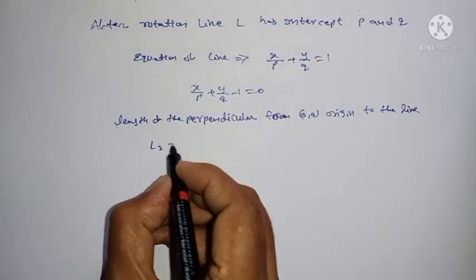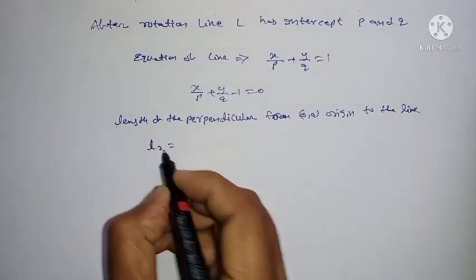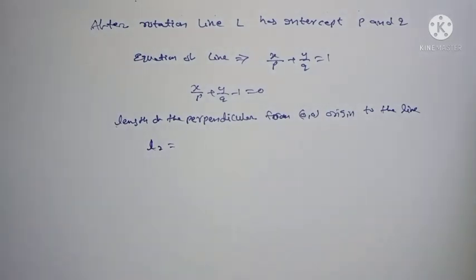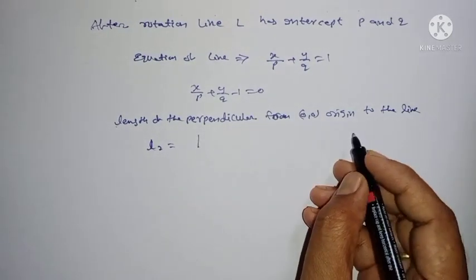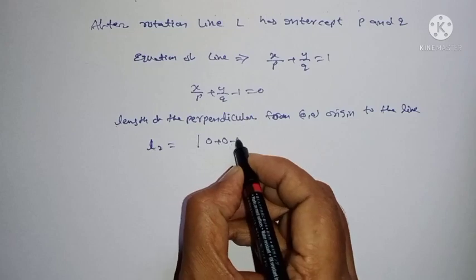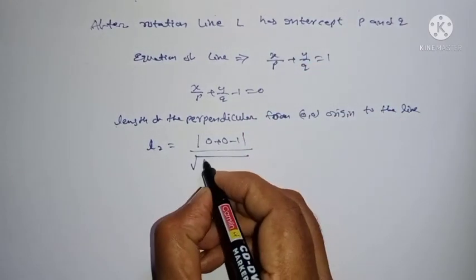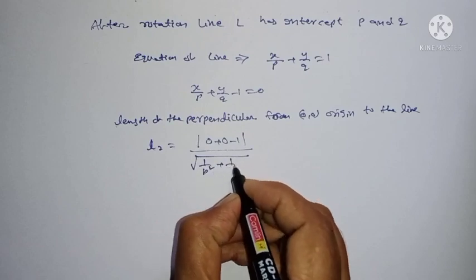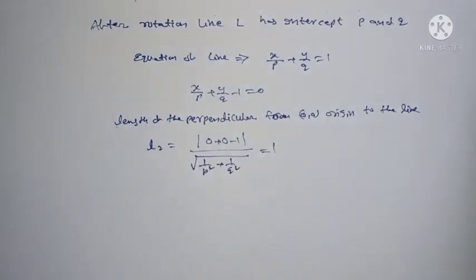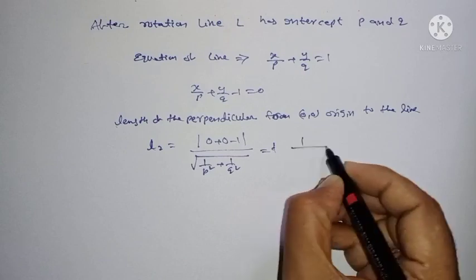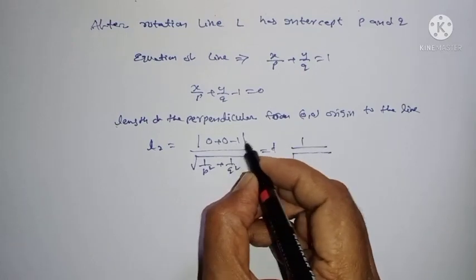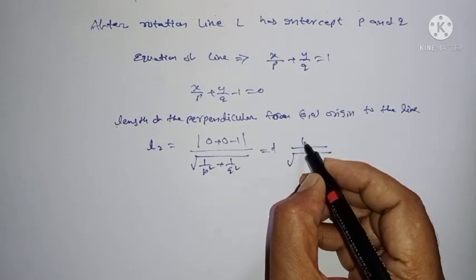Therefore L2 is, same as previously, 0 + 0 - 1 divided by under root of 1/p square plus 1/q square, which is mod 1 by under root of 1/p square plus 1/q square.